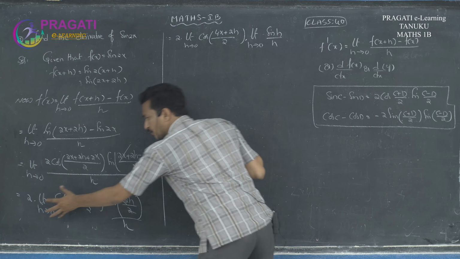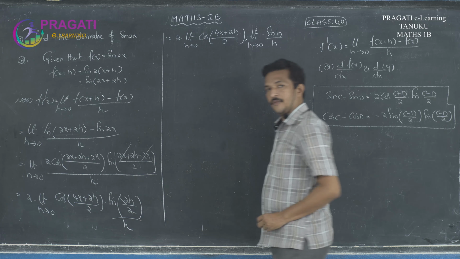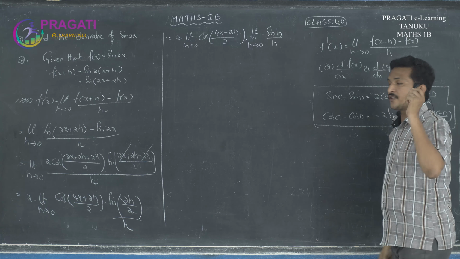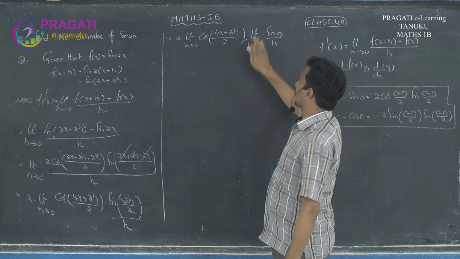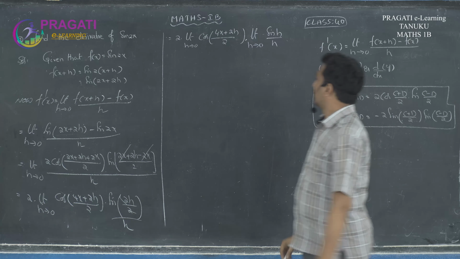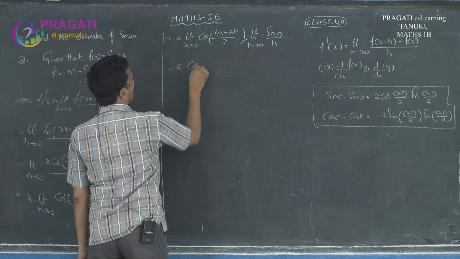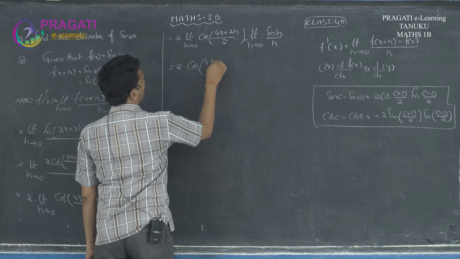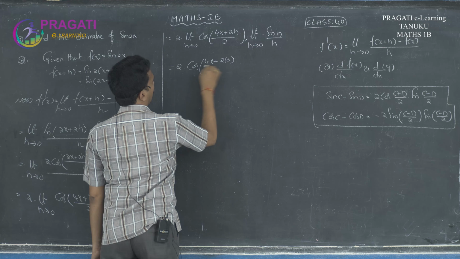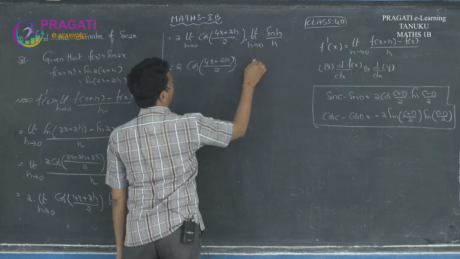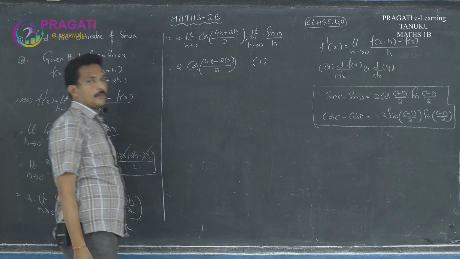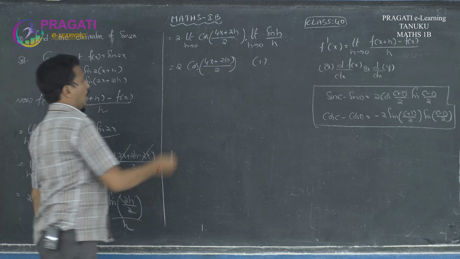Here, limit x tends to a of f of x into g of x is equal to limit x tends to a of f of x into limit x tends to a of g of x. Here the first one is by direct substitution: cos of (4x plus 2 into 0) by 2, and by the formula limit of sin x by x is equal to 1.